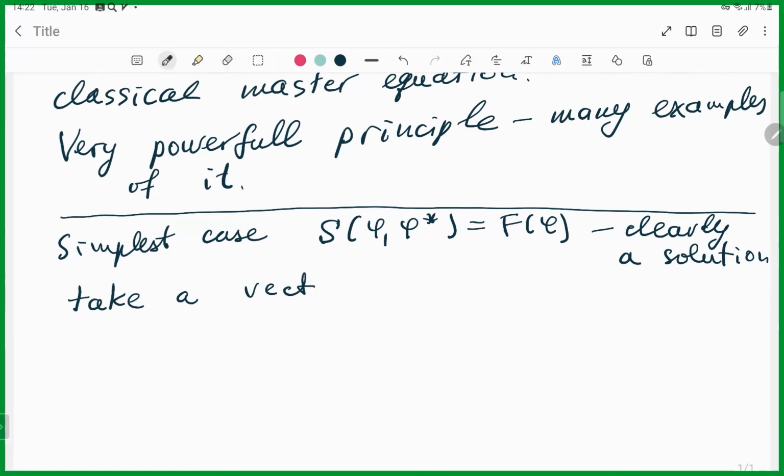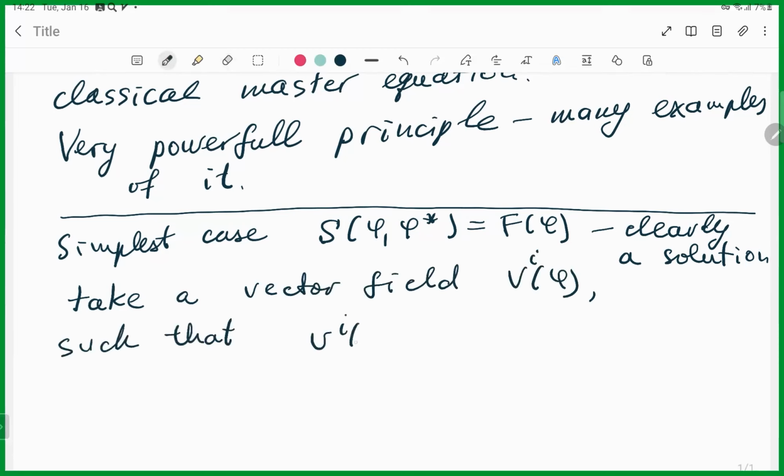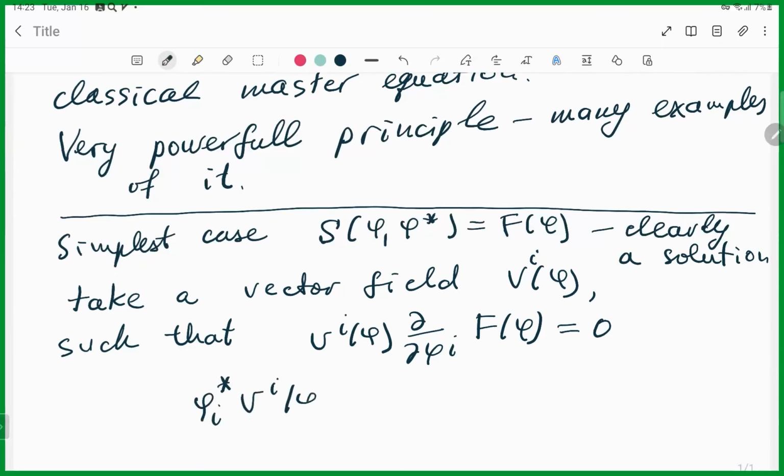Now, take a vector field V i of phi such that V i of phi d over d phi I applied to f of phi equals 0. This could be expressed in terms of phi star V i of phi and f of phi, where we have this BV bracket, equals 0.